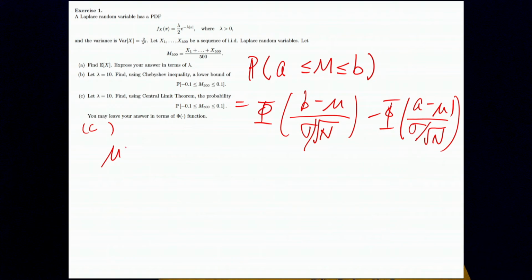And here our mu is the expectation of X, which is 0, and sigma squared is the variance of X.